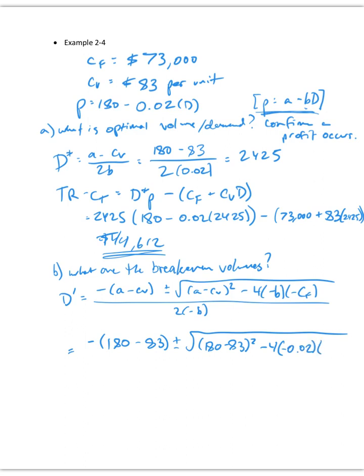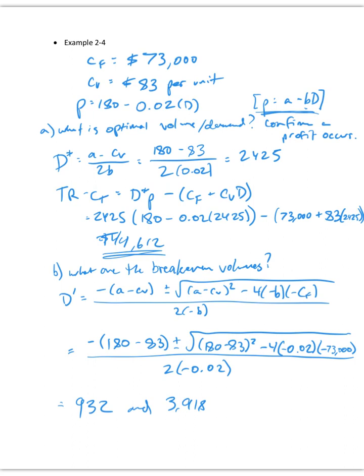And CF is 73,000, so we've got negative 73,000, all over 2 times negative b, negative 0.02. So I do a lot of arithmetic, and I get that my break-even points are 932 and 3,918 units.